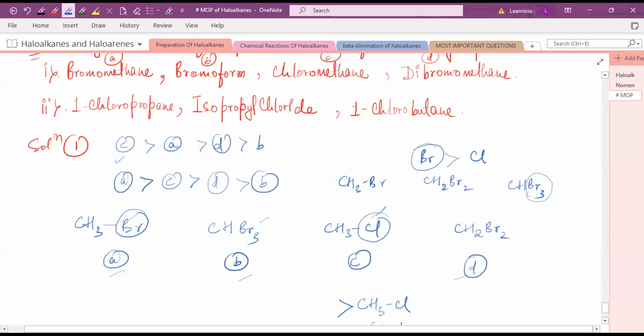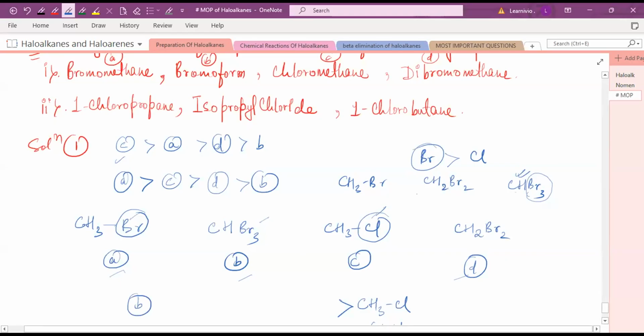CHBr3, bromoform, has the maximum molar mass, and molar mass is directly proportional to the boiling point. So bromoform, B, has the maximum boiling point.